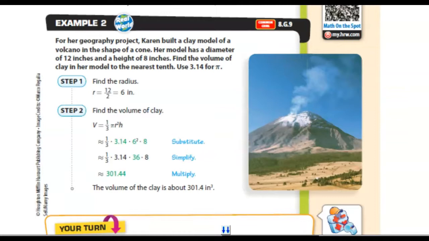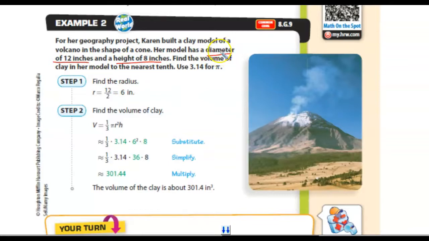For example 2, it says, for her photography project, Karen built a clay model of a volcano in the shape of a cone. Her model has a diameter of 12 inches and a height of 8 inches. Find the volume of clay in her model to the nearest tenth using 3.14 for pi. So it's telling me that it has a diameter of 12 and a height of 8.